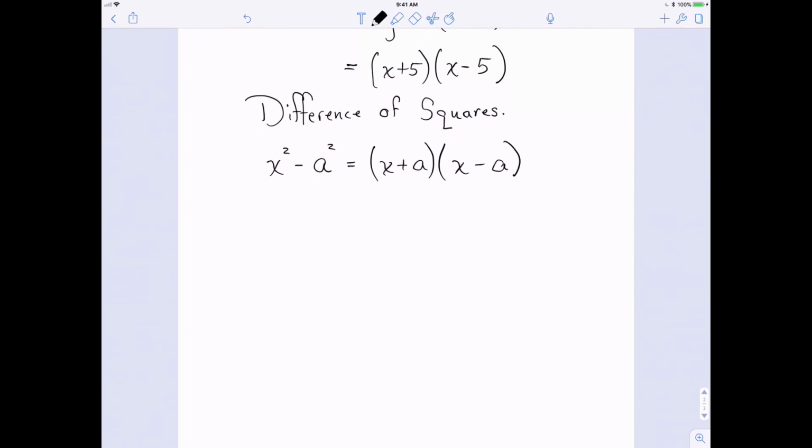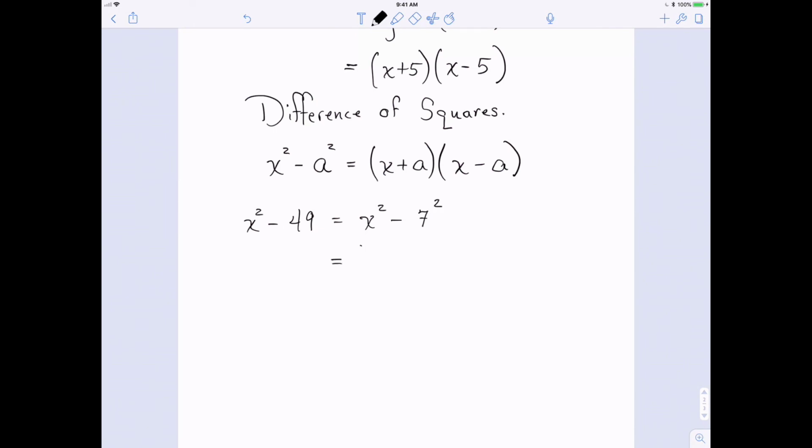So for example, if I was to give you something like x squared minus 49, well, you'd have to know your squares, but you could say, well, there's my first square, the x squared, but wait, 49 is the same as 7 squared.